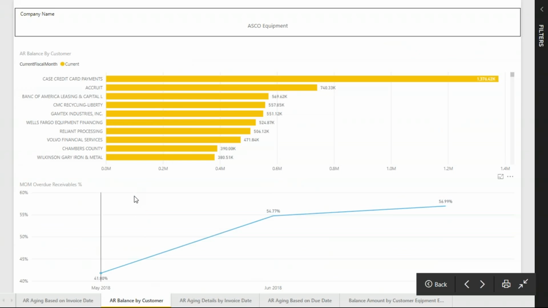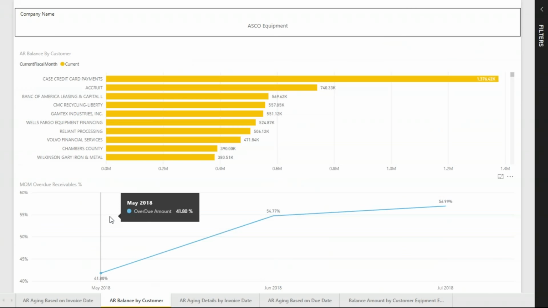This one is just a listing of AR by customer. The one at the bottom is taking the ratio of the overdue receivables to the total receivables. Essentially it tells you what percentage of your receivables are past their due date compared to your total AR.